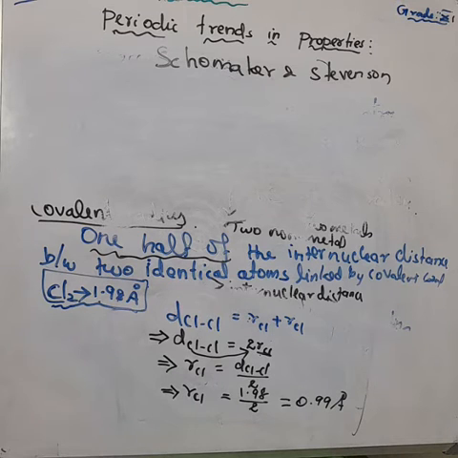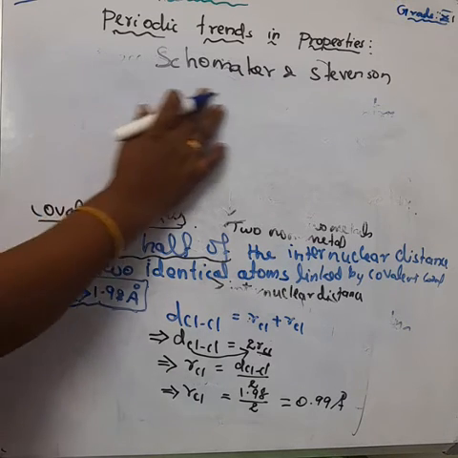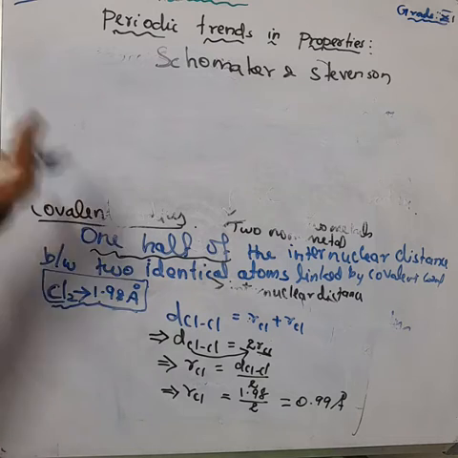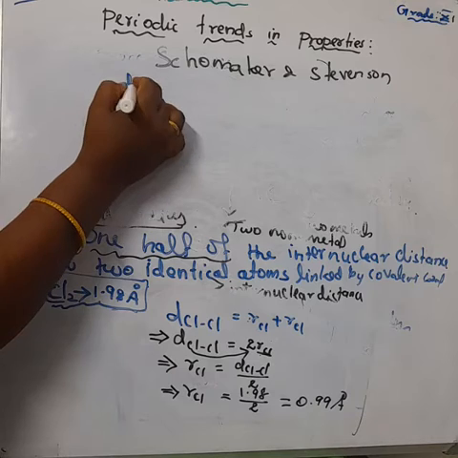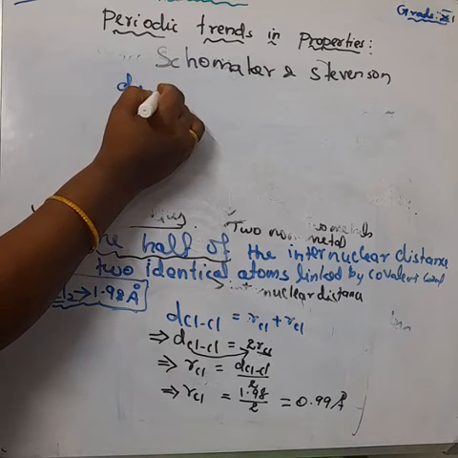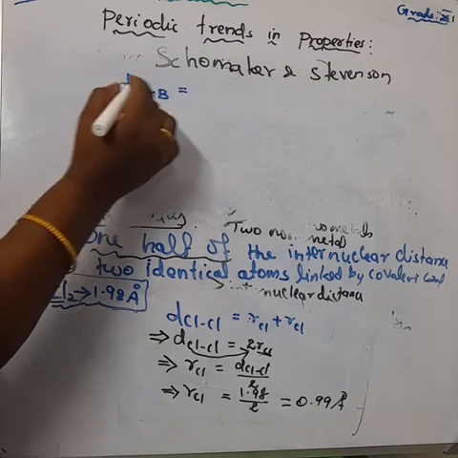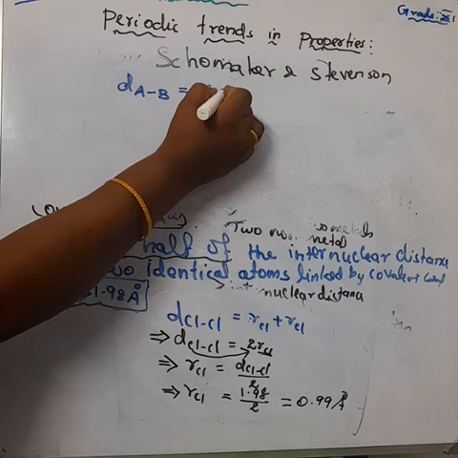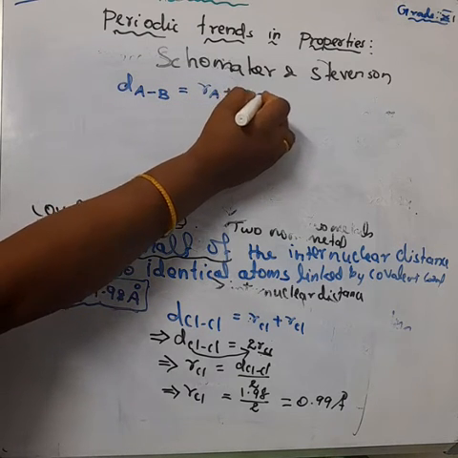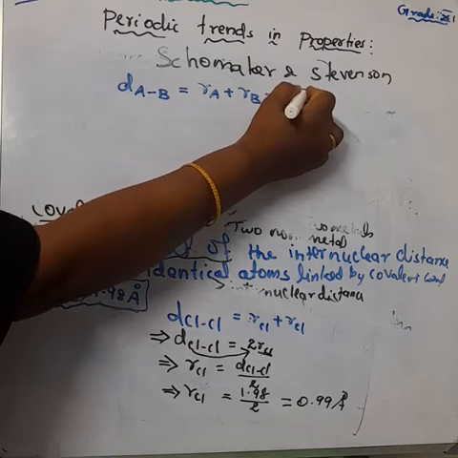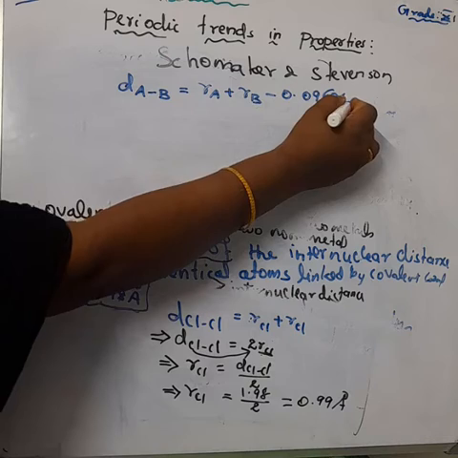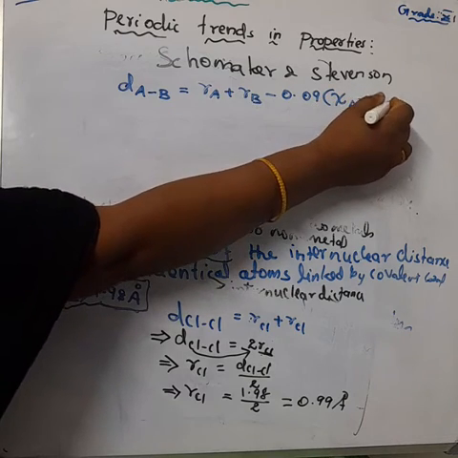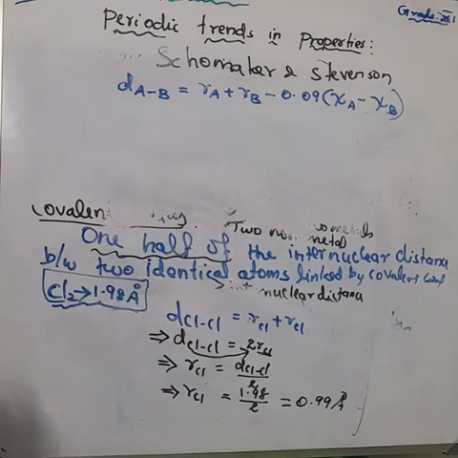What is the formula? D(A-B) is equal to R A plus R B minus 0.09 into the difference of electronegativities, Ka minus Kb.